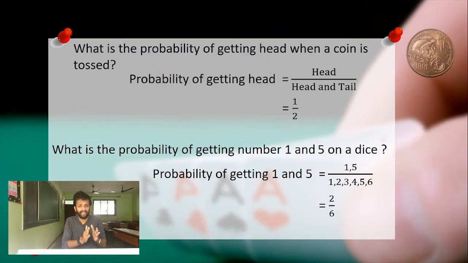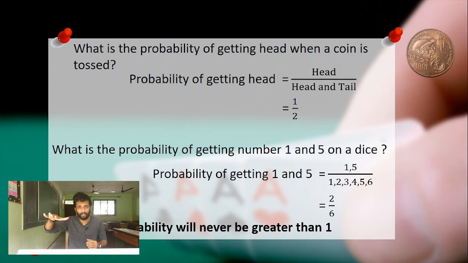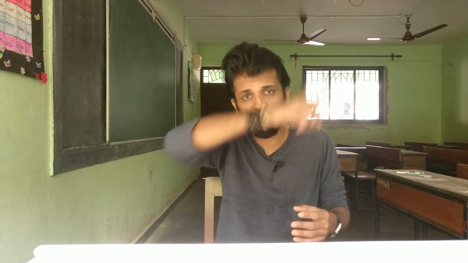So probability will never be greater than 1. This is something that you need to drill into your mind and keep it, okay? Probability will never be greater than 1. So if at all, for example, you're doing some calculation and you find that whatever you get is greater than 1, then certainly your probability calculation is incorrect, because it has to be 1, okay?